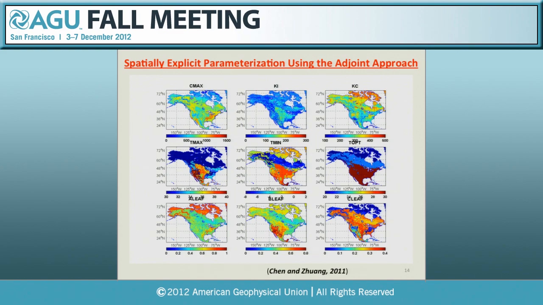In the past, we always had one Cmax for each type of ecosystem. But in this case, you can see that Cmax is actually changing from pixel to pixel, even within the same type of ecosystem. So this is new and different from our traditional way of doing things.